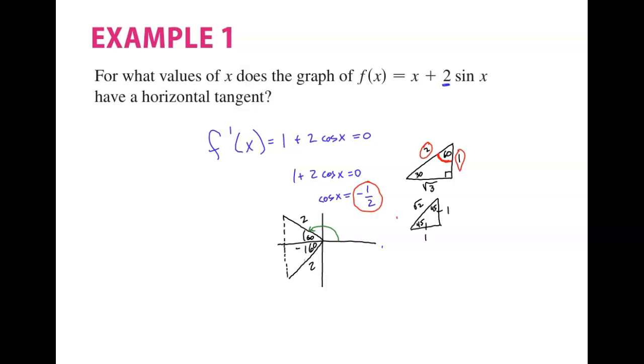So my answer can't be x equals 120. I need it in radians. So you can multiply by pi over 180. So what is that? 2 pi over 3.